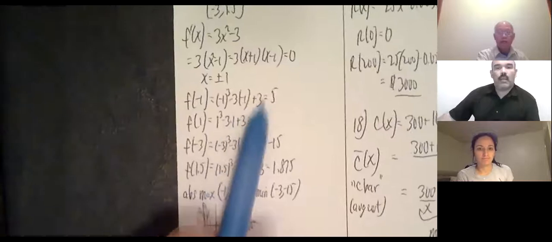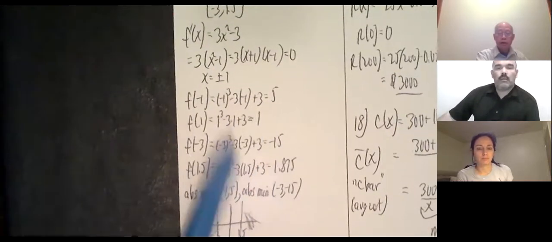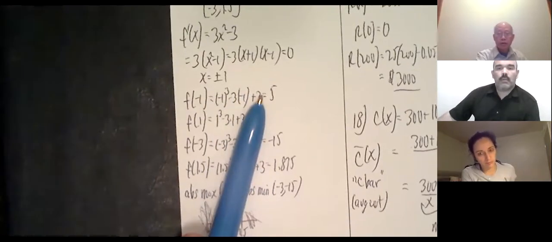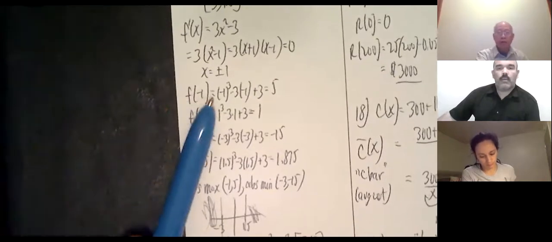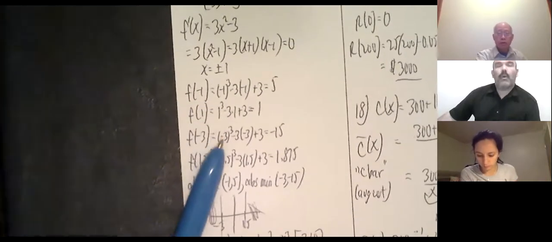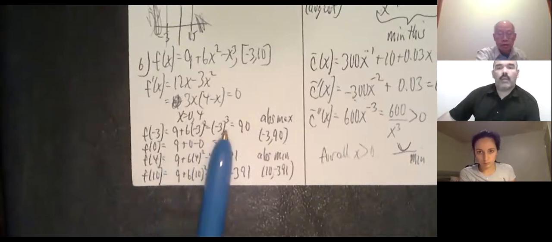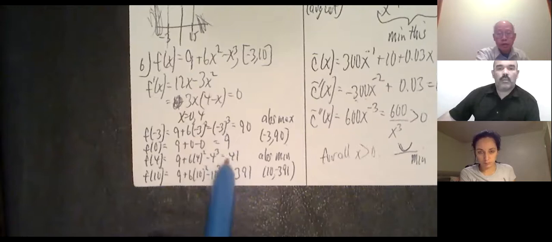I don't know. I have to look and see which is the highest and lowest value. The highest value from this list was 5. Lowest value is -15. So I don't know if it's going to be an endpoint or a midpoint. You can't tell until you try. Here, it so happened to be the 2 endpoints. It could be any of these.